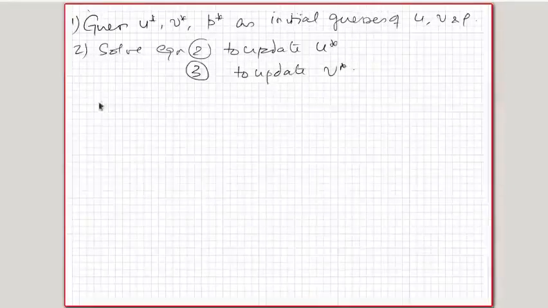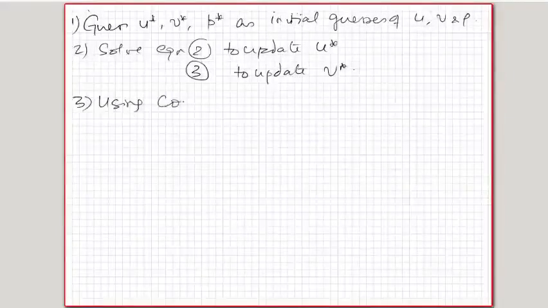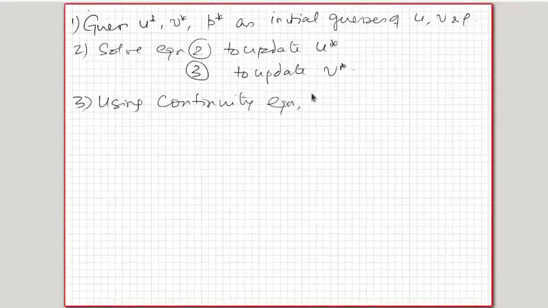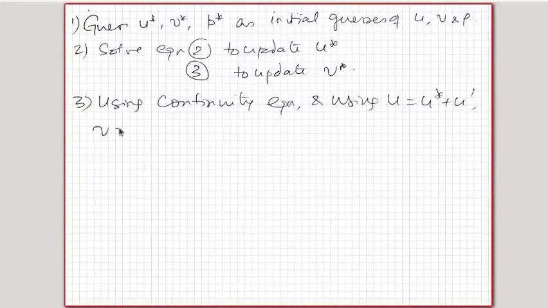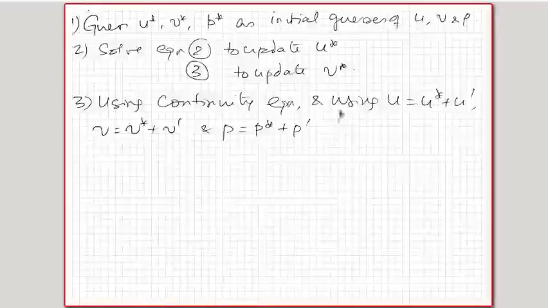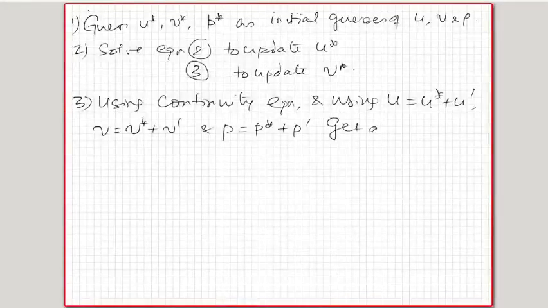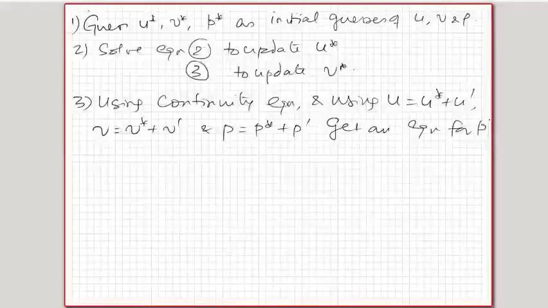Then, using the continuity equation, and using u is equal to u star plus u prime, v is equal to v star plus v prime, and p is equal to p star plus p prime, get an equation for p prime. The p prime equation is derived from the continuity equation.